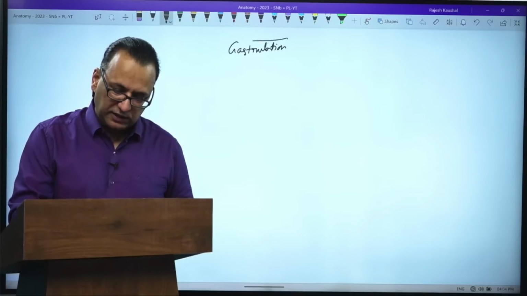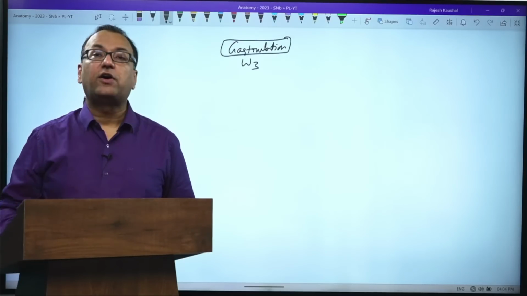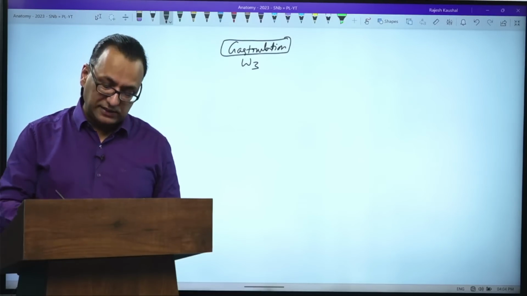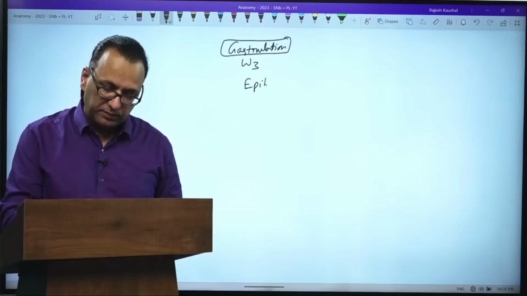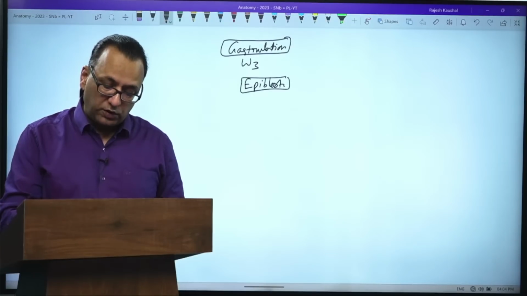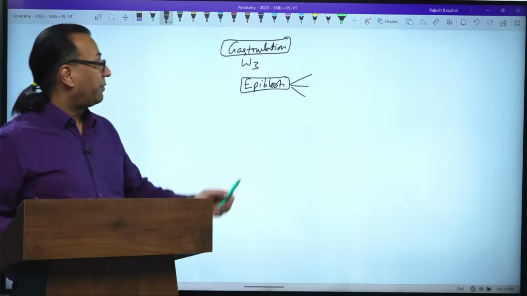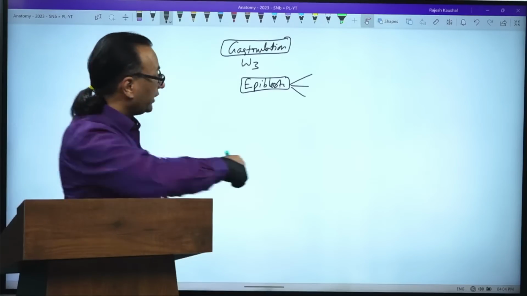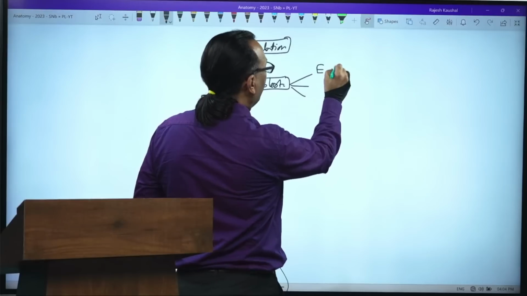We are talking about the process called gastrulation. Gastrulation is happening in week 3 of development, and it is the epiblast cells which will be giving us the germ layers. In the beginning we used to say epiblast will be giving us 3 germ layers, which are the ectoderm, mesoderm, and the endoderm.